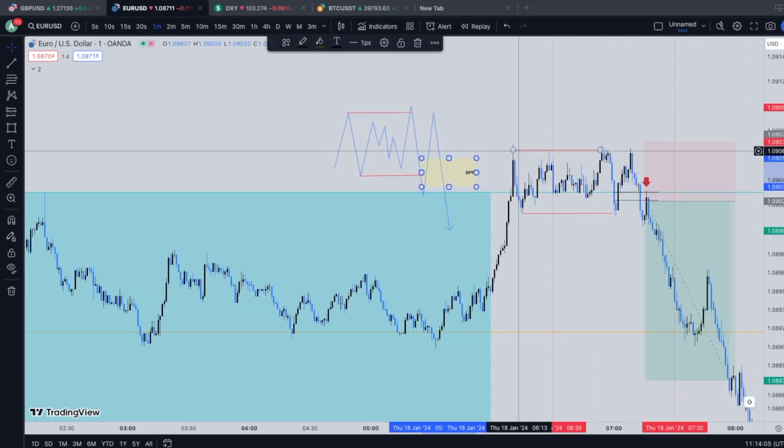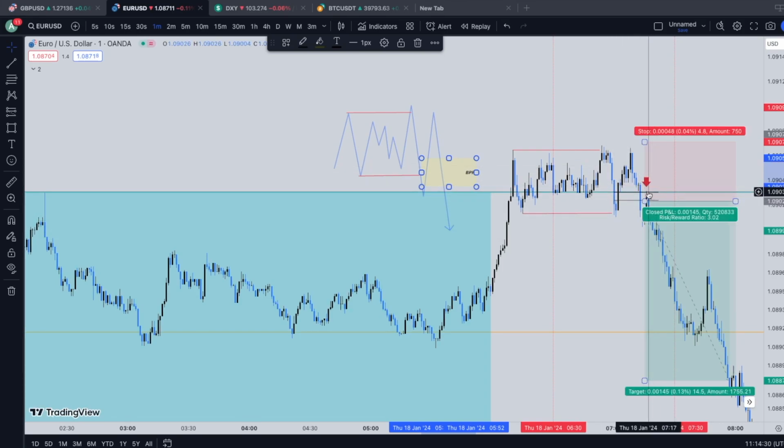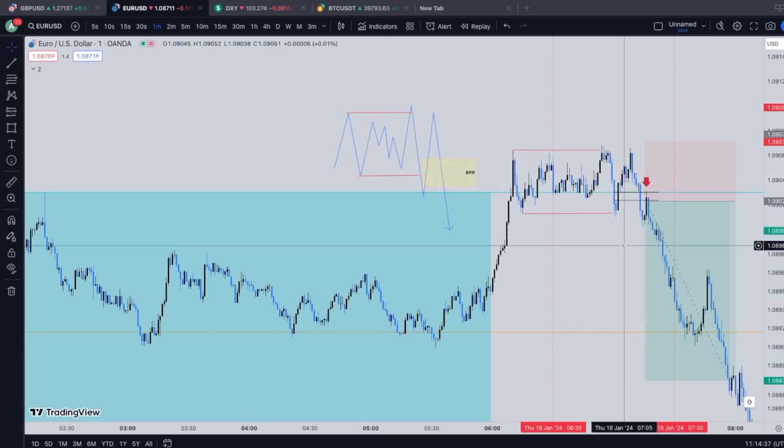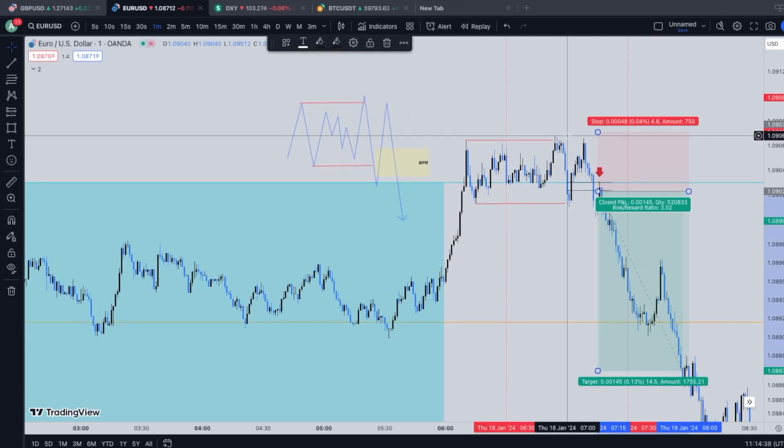Now demonstrating this on price, we can see that we have a range. Price has hunted buy side, it has then come back down into sell side. As I said, there's no structure called liquidity within this leg, it's just a straight drive down. So we have to wait for price to fail to create a new high, come down and break a low and return into the imbalance, and the imbalance that was created on the way back down and the way back up to fill in that balanced price range, and that would be our entry.